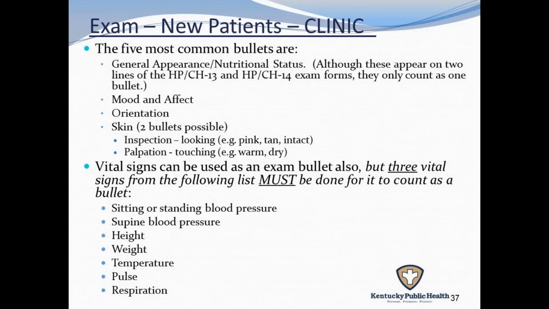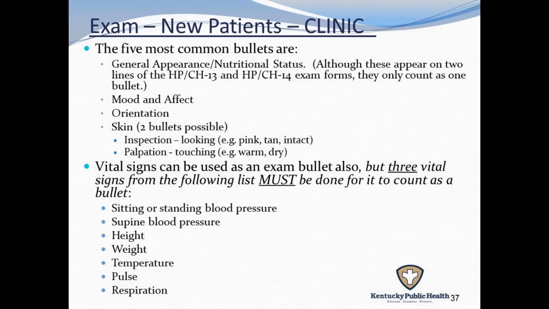The mood and affect, orientation, and then on skin, you can actually get 2 bullets. You have your inspection and palpation. That's your warm, pink, and dry. That's actually 3 that I listed there, but it's only 2 bullets, because I'm using 2 of the bullets for skin on that.